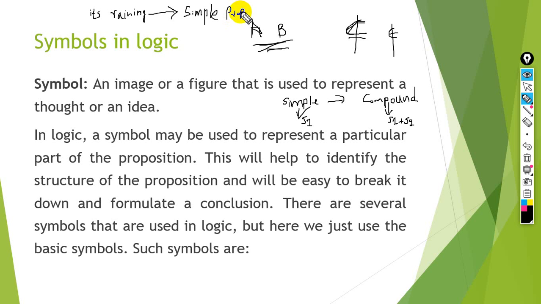Compound proposition. So in this we will have more than one statement. For example, I'm writing: it's raining because we cannot attend the class.